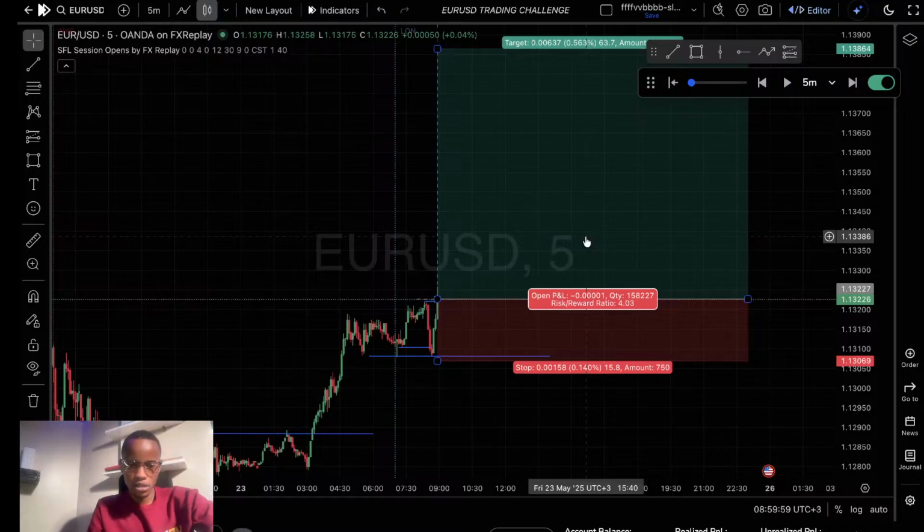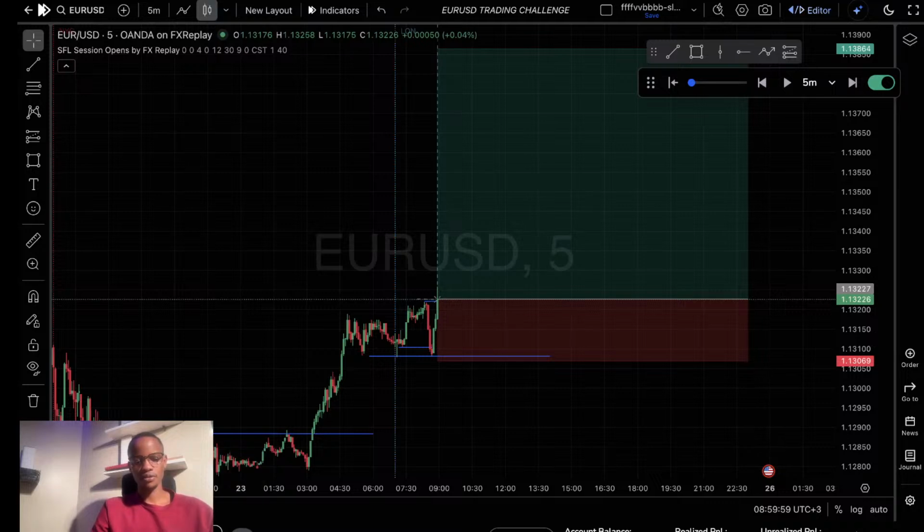So with 15 pips SL, how much do you think we should risk? With 15 pips SL, we use 0.01, that's $1.5. 0.02, it's $3.